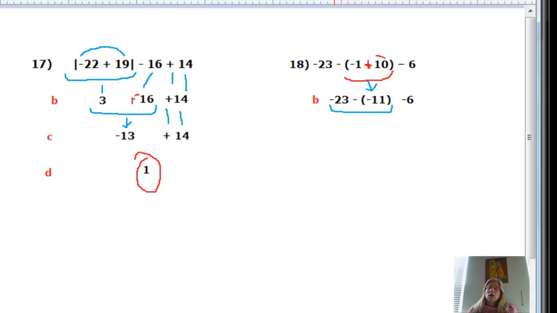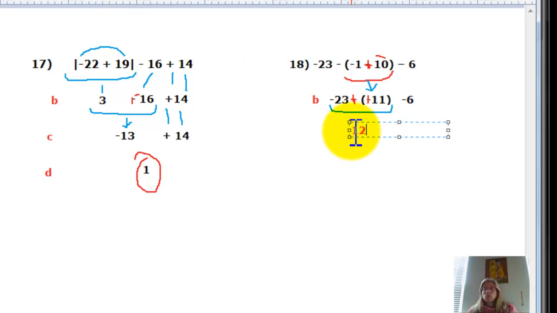What you do is you have to change your subtraction to addition and add the opposite. So this is an addition. It's negative 23 plus 11. But you follow your integer rules, which is find the difference. So the difference is 12.